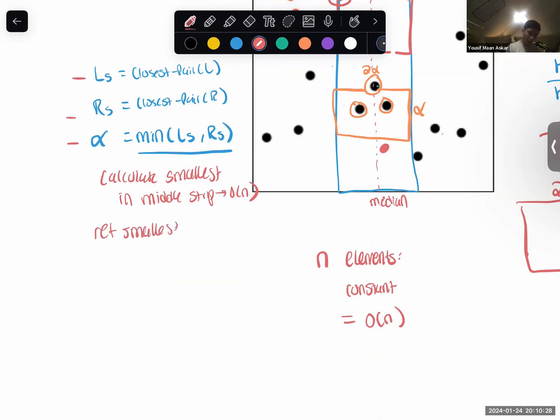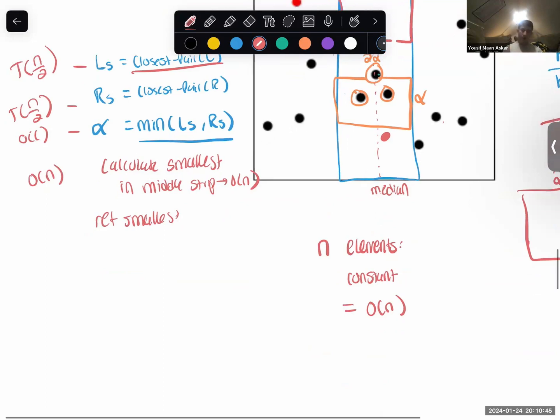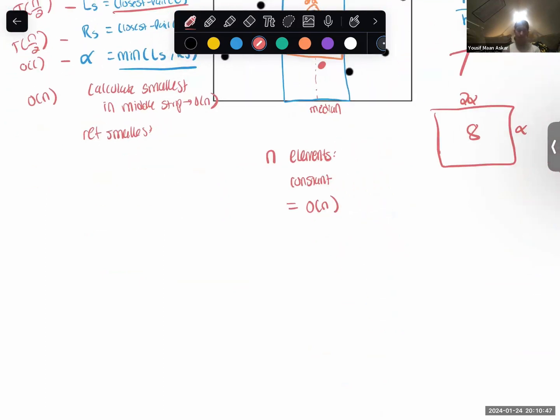We're dividing our input in half, so this is T of n over 2. This is T of n over 2 because it's the exact same call with half the inputs. This is O of 1. And this, like you said, is O of n because we have n elements and we're doing a constant number of comparisons per element.